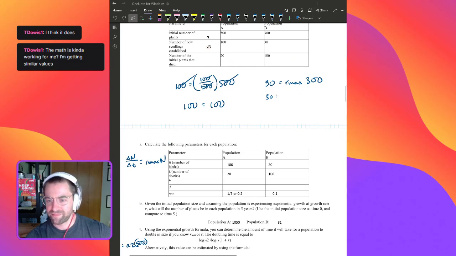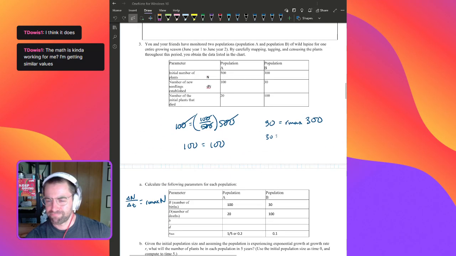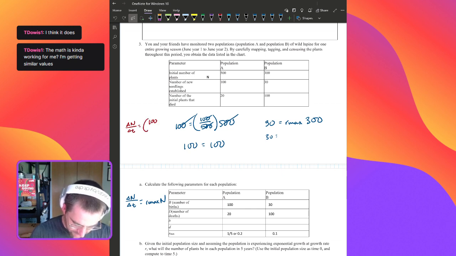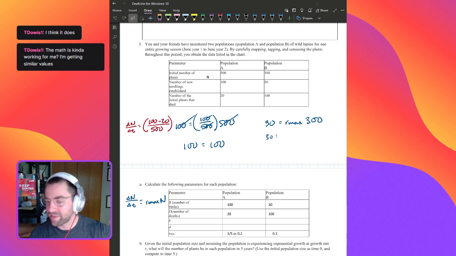I was right the first time. Was I right the first time? So that wasn't delta N. But when I went back here the first time, I wanted to do the change in individuals was 100 births minus 20 deaths, which I think is still correct, over, what did I say, the initial population or the total population?